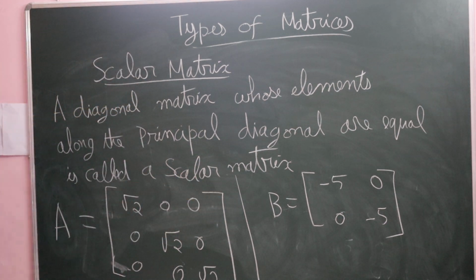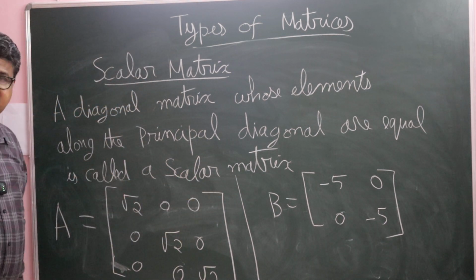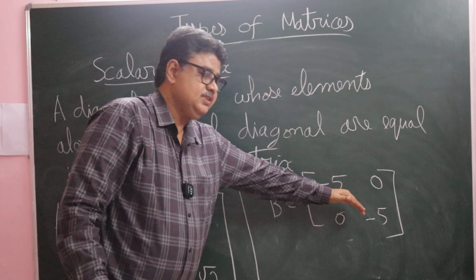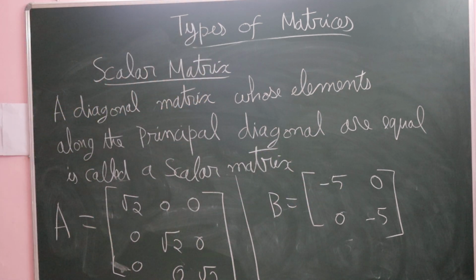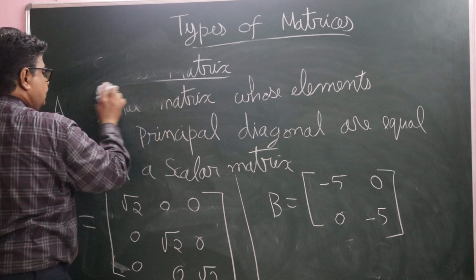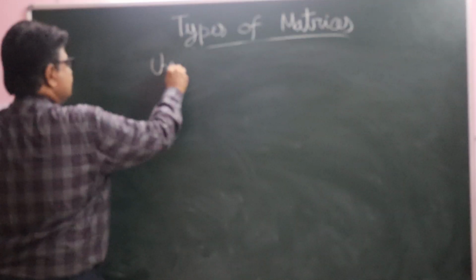It is a scalar matrix. A scalar matrix should be a diagonal matrix, and the elements along the leading diagonal must be equal.